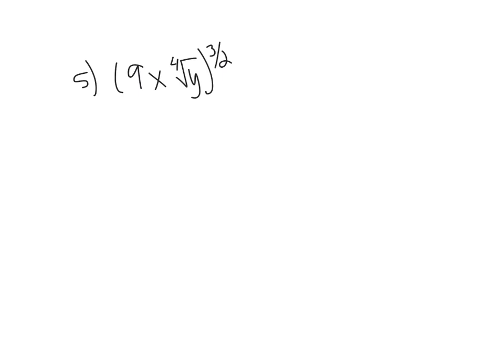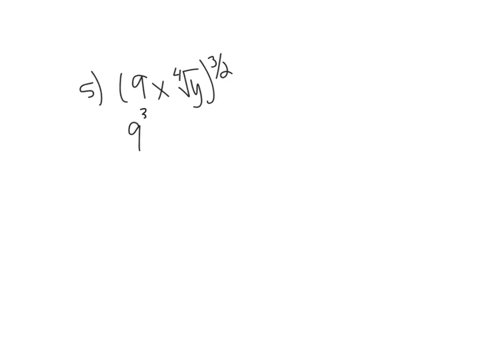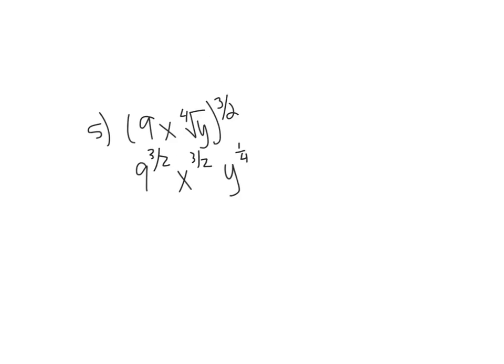So let's take this 3/2, and I'm going to take 9 and raise it to the 3/2. I'm going to take the x and raise it to the 3/2. And I'm going to rewrite y to the 4th root, because the 4th root of y is the same as y to the 1/4. And then I'm going to distribute the 3/2 to that.